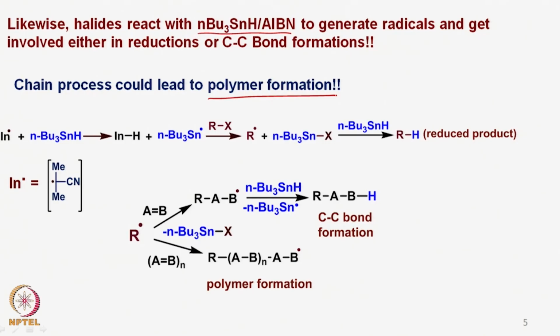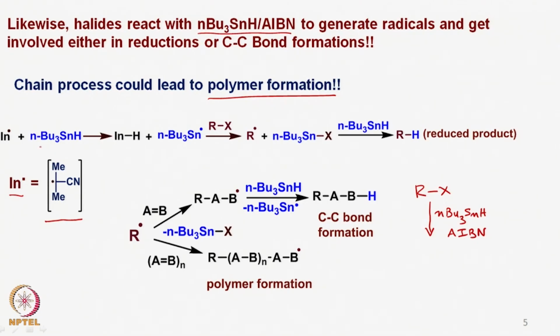So what is happening is that in these cases, if you have an Rx here and you react it with tributyltin hydride in the presence of a radical initiator like AIBN, as we discussed last time, it would form this particular radical, which is what we call the initiator dot.